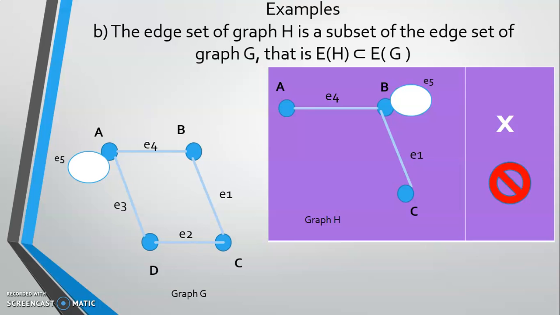They don't keep the position. So this is not a subgraph of graph G. I circle this one, the loop of the graph, E5. It's not at D; the original is at A. So in conclusion, this is not a subgraph of graph G.